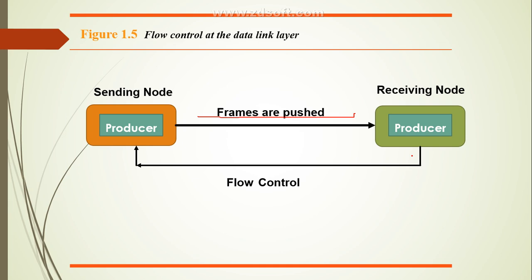If the receiving node can't process and deliver the packet to its network layer at the same rate that the frames arrive, then it becomes overwhelmed with frames. So flow control in this case can be feedback. See the feedback shown from the receiving node to the sending node to stop or slow down this pushing of the frames.